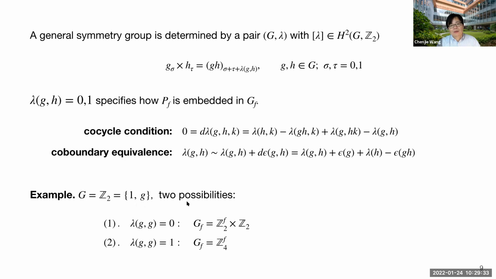Then there are two possible extensions of G by the fermion parity. If you set the two-cocycle of g, g to be 0, then we have the symmetry group Z2 times Z2F, a direct product. If it's 1, then we have Z4F. You see these extensions look quite different group-wise, but G is the same, always Z2.